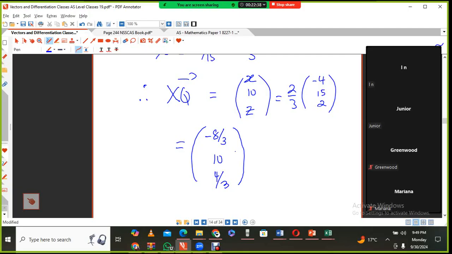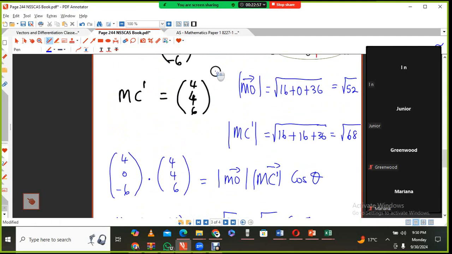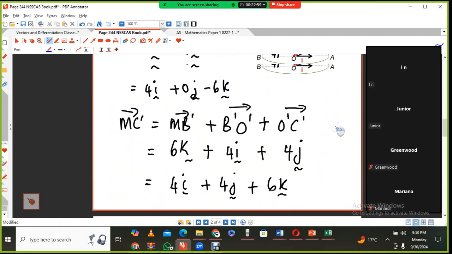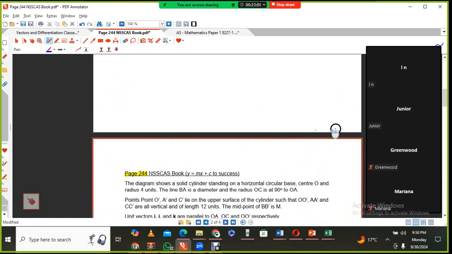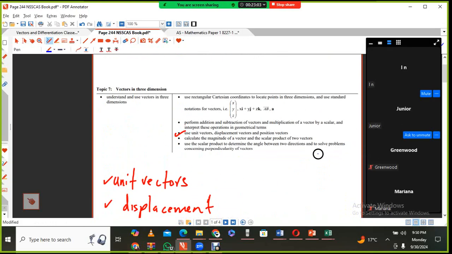I think I've done everything in the paper except one question and the ones for the exam, so we can also look at how they ask it in our exams. It's quite clear from this that you need to know the unit vector, the dot product, and the magnitude of a vector, the stuff that I've indicated here from the syllabus, which is what you need to know.